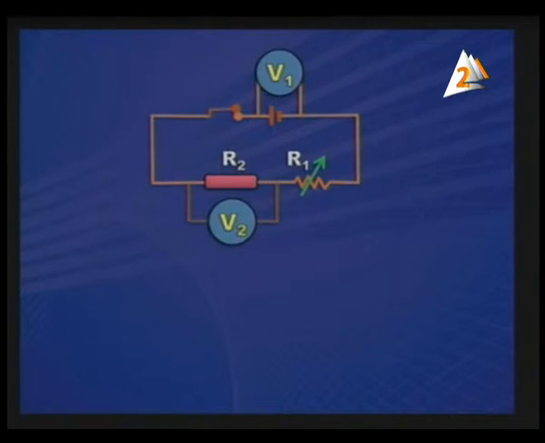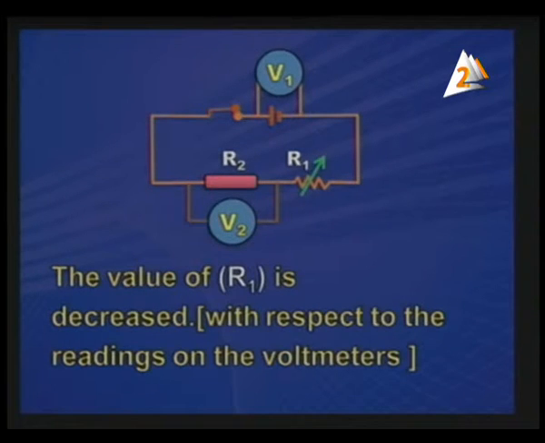What happens to the readings on the voltmeters when the value of R1 in the circuit is decreased? In front of you, we've got two voltmeters. The first is denoted by V1, and it measures terminal voltage.